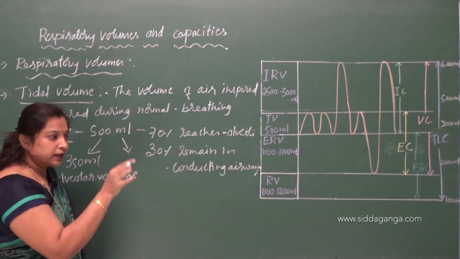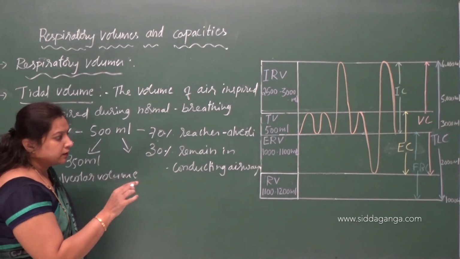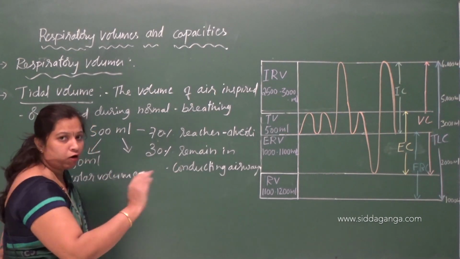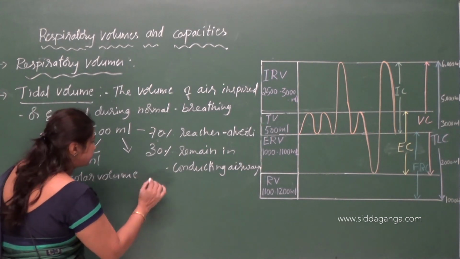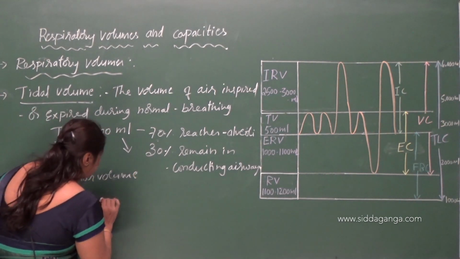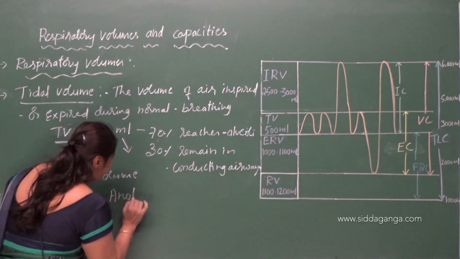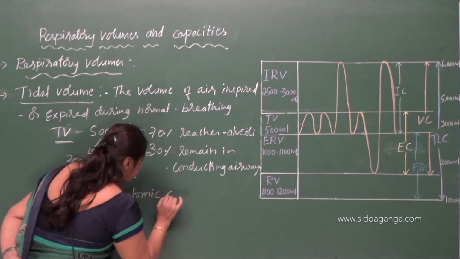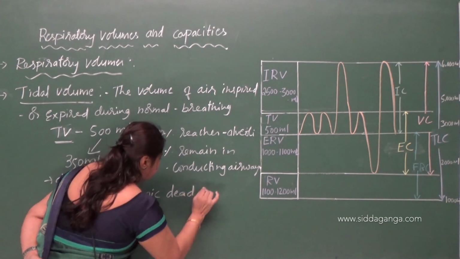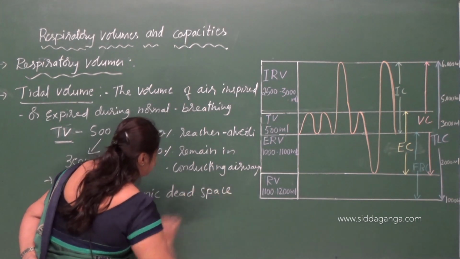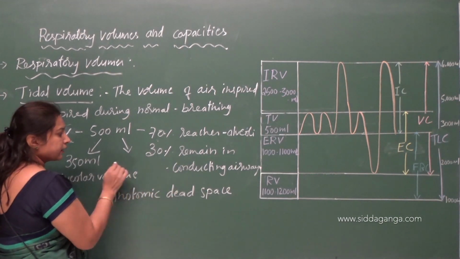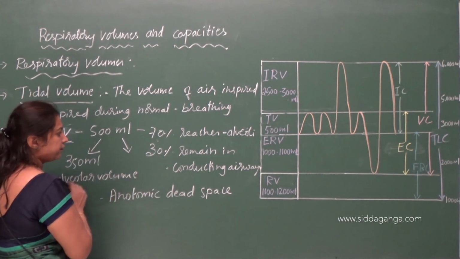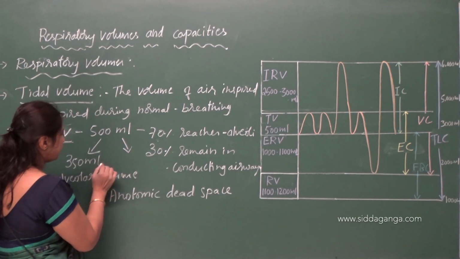So the conducting airways with the air which is not involved in the respiratory exchange, that space is called anatomic dead space. So how much volume of air remains in the conducting airways, which will not reach up to the alveoli?